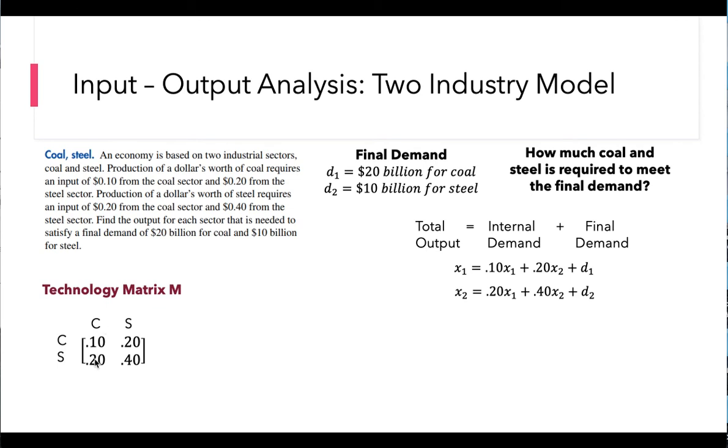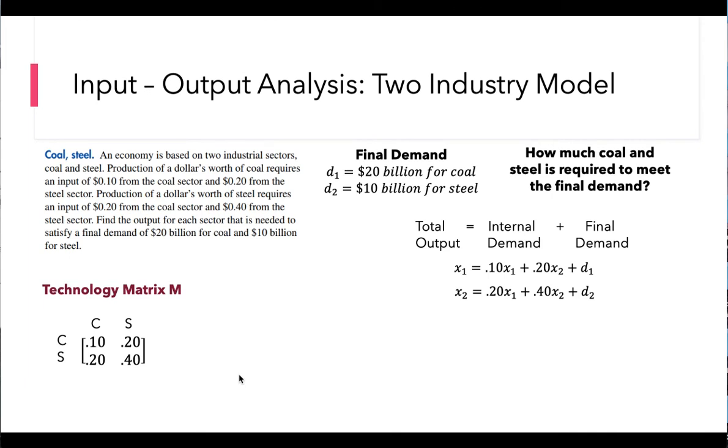So if you look down this column, it represents just this part. Remember that internal demand of 10 cents for coal and 20 cents of steel. So every dollar's worth of coal requires 10 cents from coal, 20 cents from steel. That's written right here, not the row, it's this column. Same with an output of $1 worth of steel. It requires 20 cents from coal, that's written here, and 40 cents from steel, that's written here.